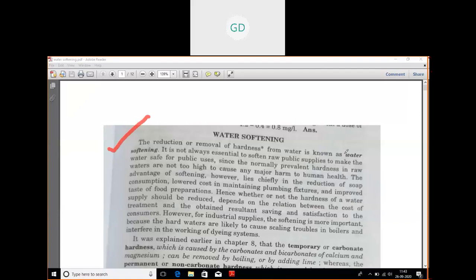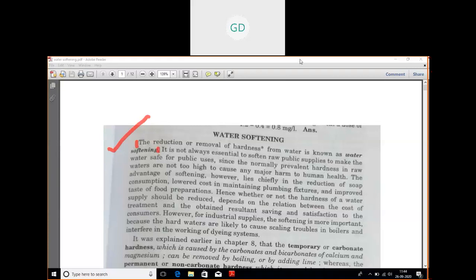We cannot consume water which is hard, so we have to make it soft. We have to remove the hardness from the water. That reduction or removal of hardness from the water is known as water softening. Clear? So you see the first line: the reduction or removal of hardness from water is known as water softening.